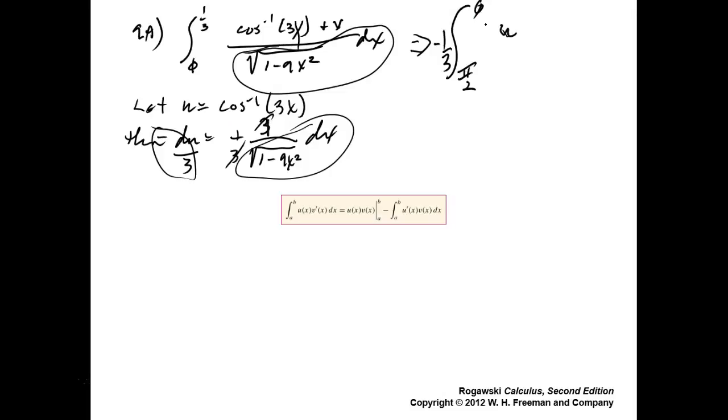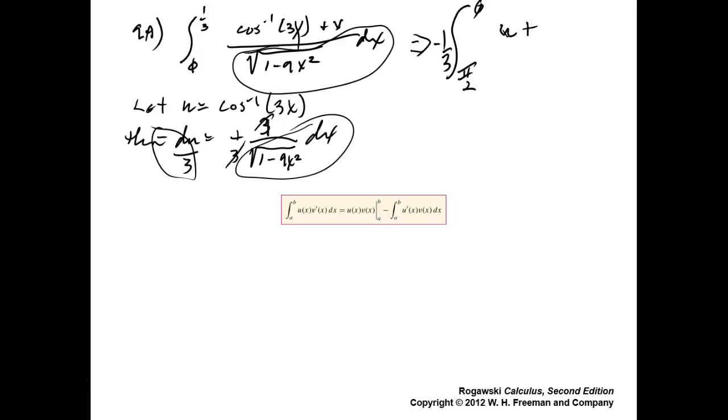Okay. Now, what you have inside here is u, that thing, inverse cosine of 3x. Whoa, goodness. We have a plus x there I forgot about. Yuck. All right, we got to do this in 2 pieces.